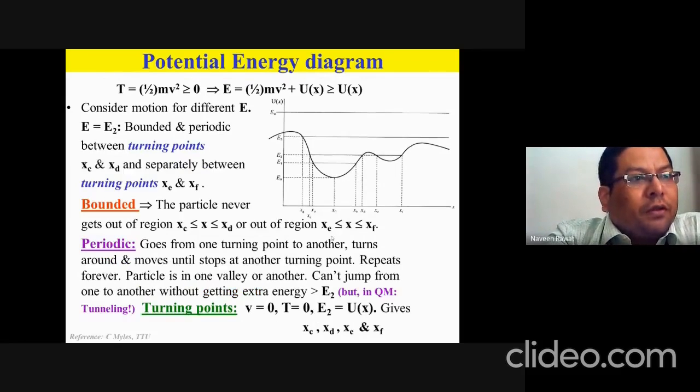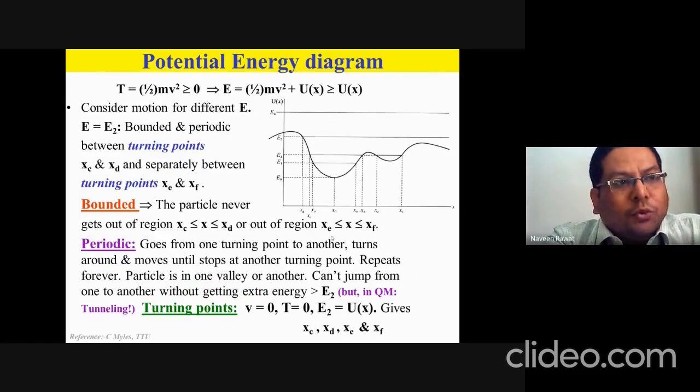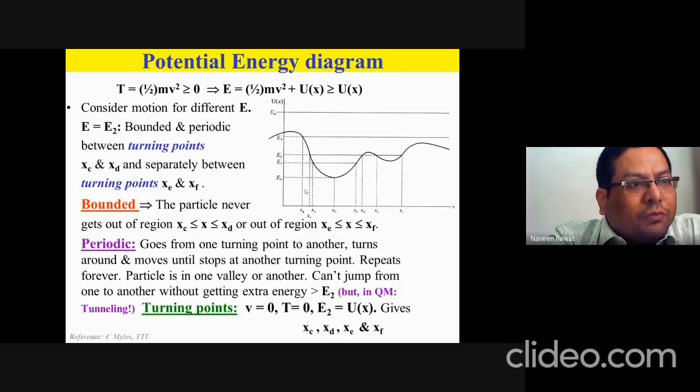We can have other conditions as well. Suppose the energy is E2, shown here, corresponding to this position xC. Now you can see that there is not just one possibility: you have a possibility here, at xD, at xE, and at xF.